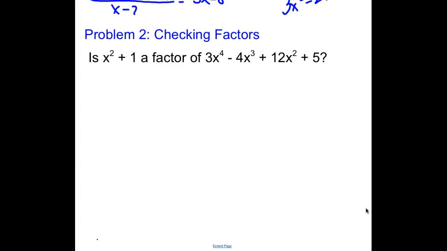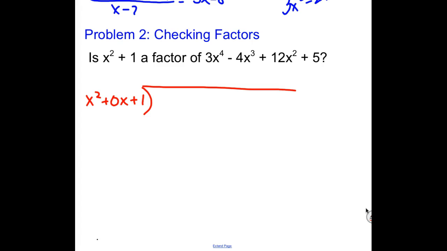Notice in here that we are missing some terms. I have an x squared plus 1. I'm going to have to write that as x squared plus 0x plus 1. There are no x's. By putting that in there, it's going to make all of my columns line up appropriately. So in the margin next to this question, make a little note.